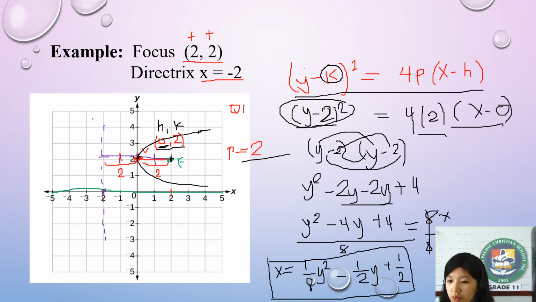Kasi ang standard form, di ba, usually, y is equal to ax squared plus bx plus c. So, dito nyan, since x ang ating value, so we have x is equal to y squared minus y plus c. Ito na yung ating standard form.